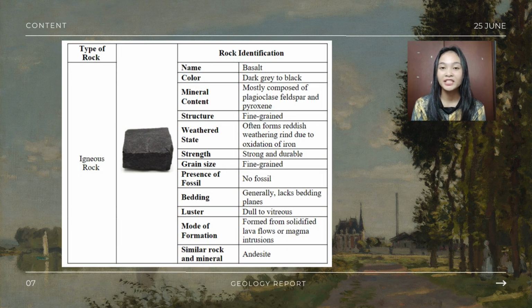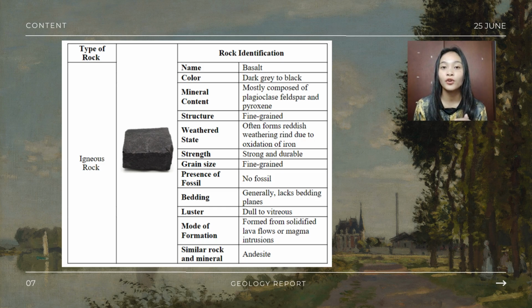In Sarawak, an example of an igneous rock is basalt. This rock is typically dark gray to black and primarily composed of plagioclase feldspar and pyroxene. Basalt has a fine grain or aphanitic texture, indicating rapid cooling of lava or magma. When weathered, it often develops a reddish rim due to the oxidation of iron-rich minerals.